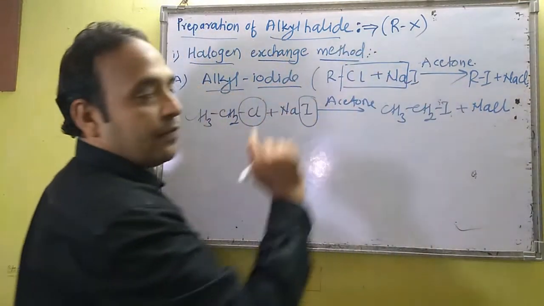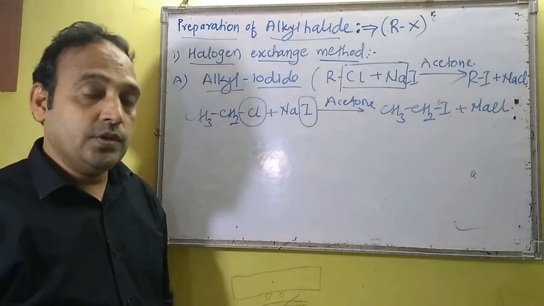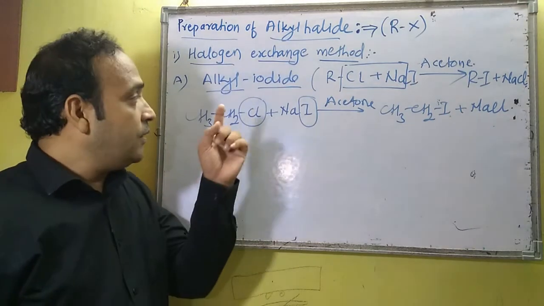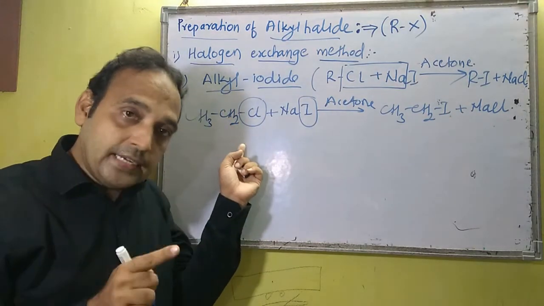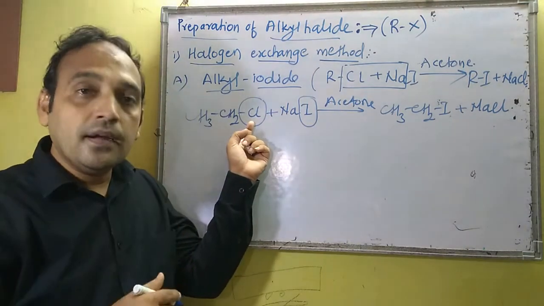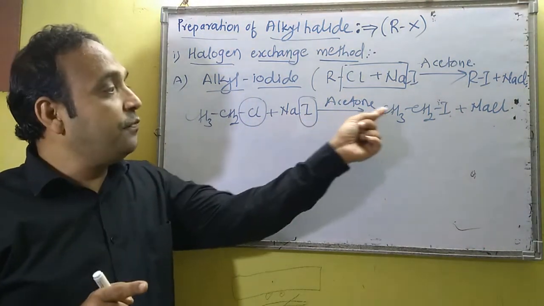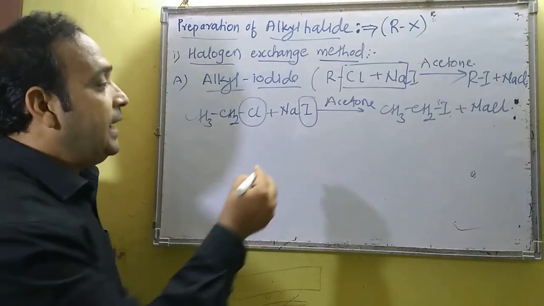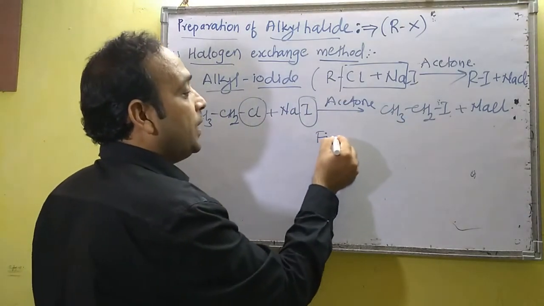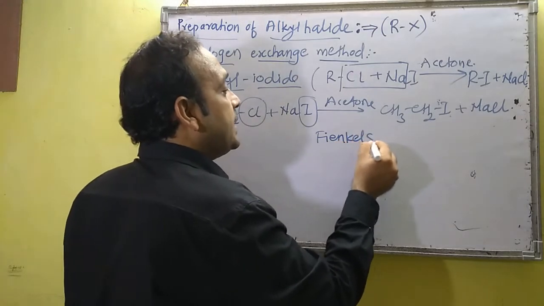Which salt is formed? NaCl. So student, try to remember this reaction. For alkyl halides, instead of Cl take Br. Alkyl bromide reacts with metal iodide to form alkyl iodide, and this reaction is known as Finkelstein reaction.